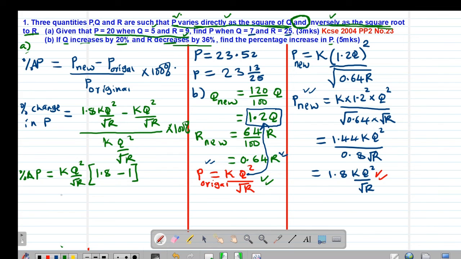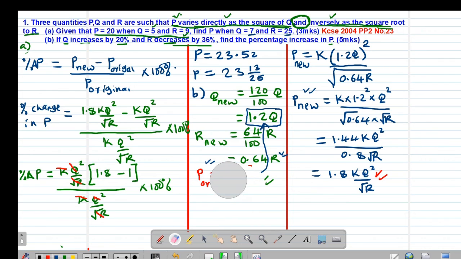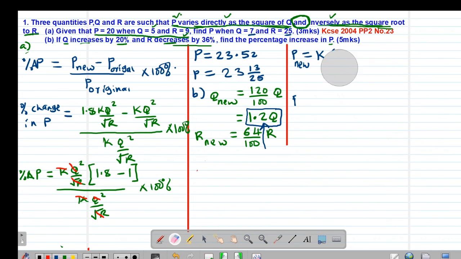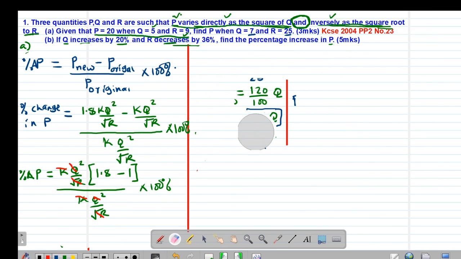Then of course divided by the original, which was kq squared over the root of r, then multiplied by 100%. Now if you are keen enough, you realize that k and k will cancel out, q squared and q squared will cancel out, the square root of r and the square root of r are both going to cancel out.